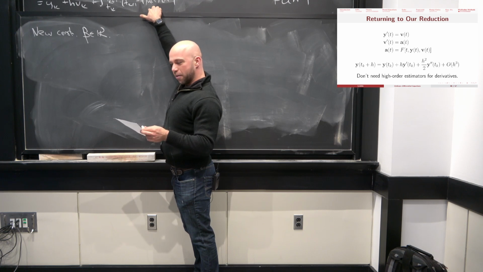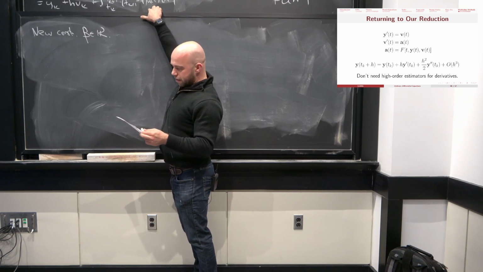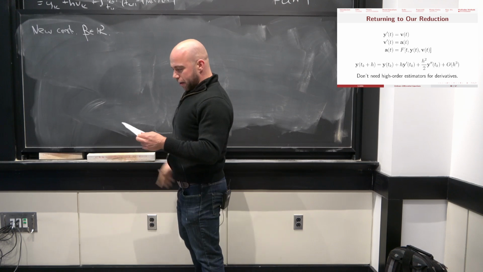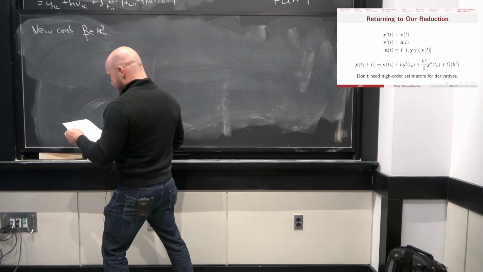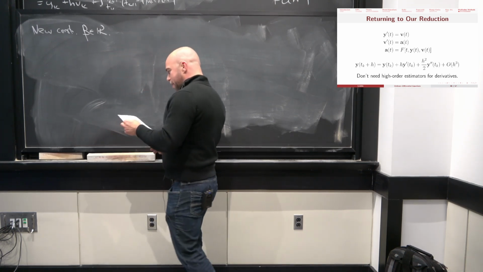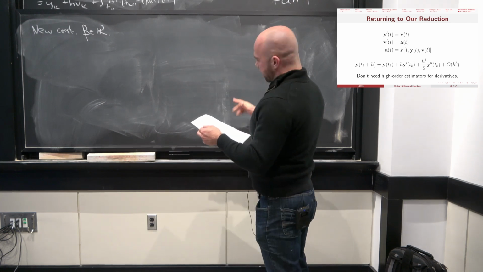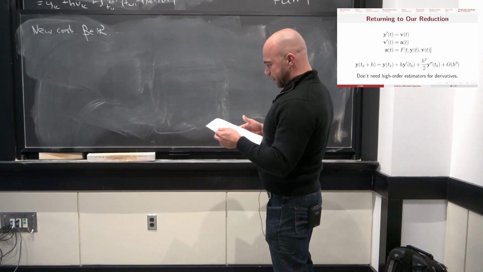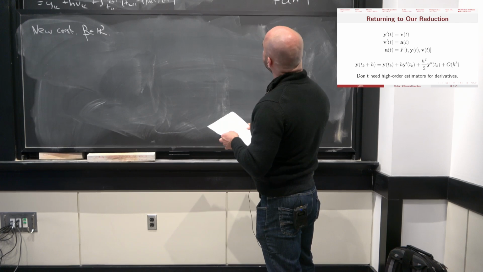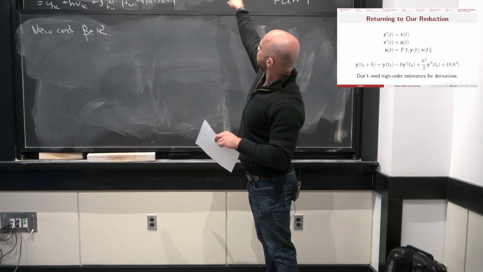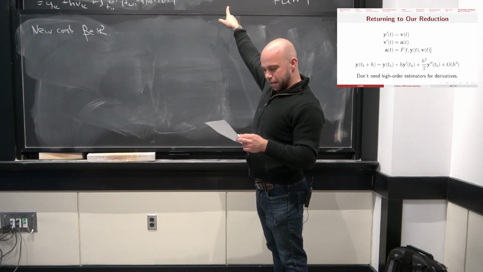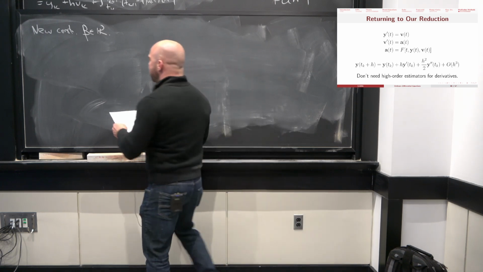This is the thing we're going to try and approximate. Okay, so in particular, what can we do? Well, we can use exactly the same trick that we did here. And we can plug in this expression for a of tau. Right? So what are we going to get?